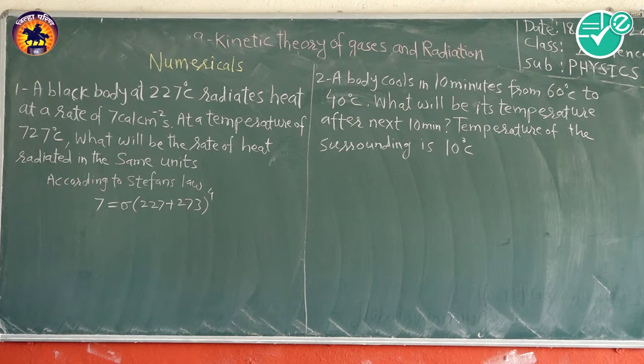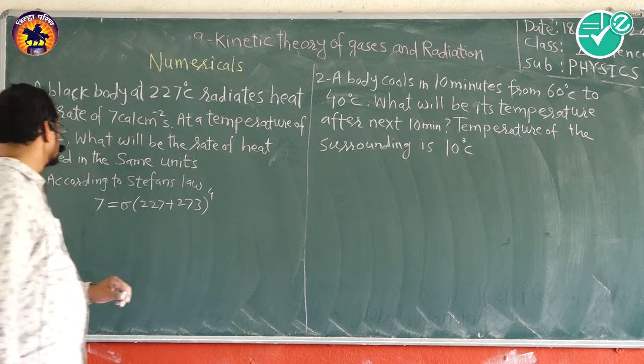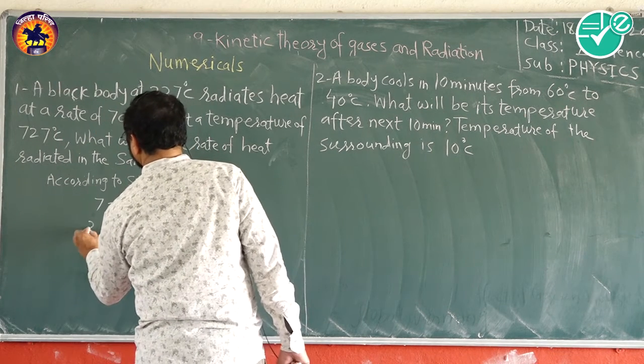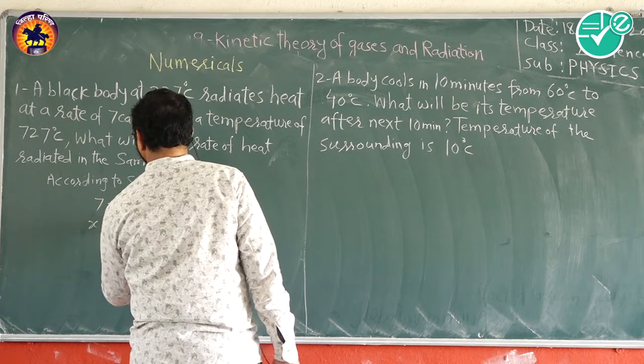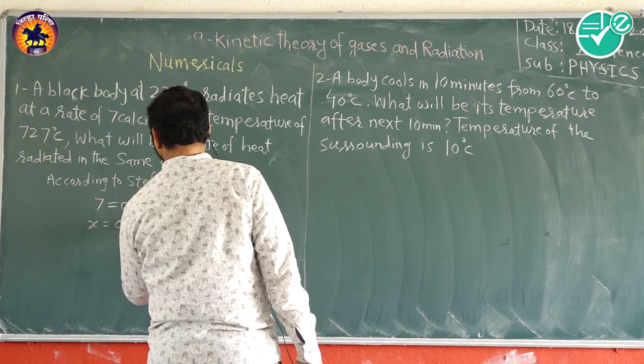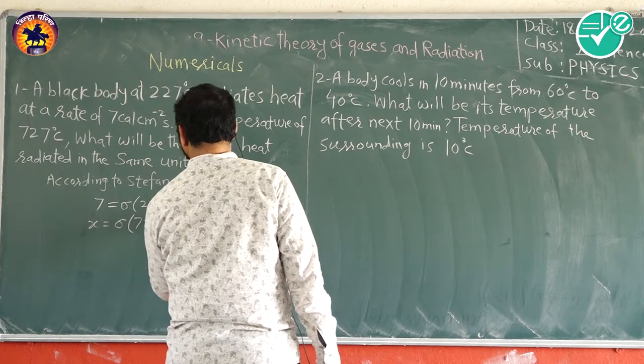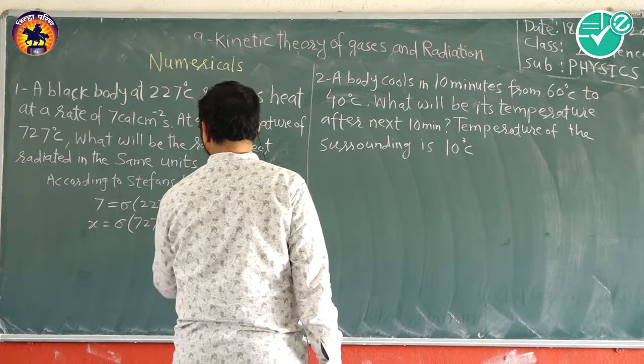Then next, what will be the rate for 727 degrees Celsius? So we write x is equal to sigma into (727 plus 273) to the power 4.